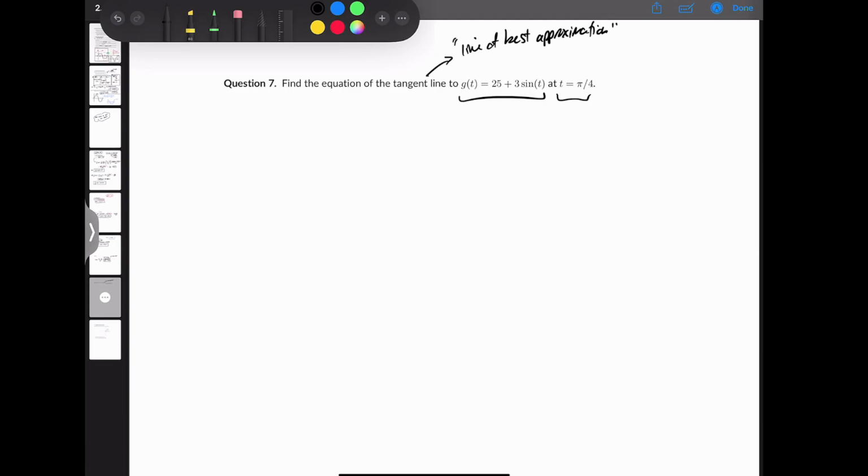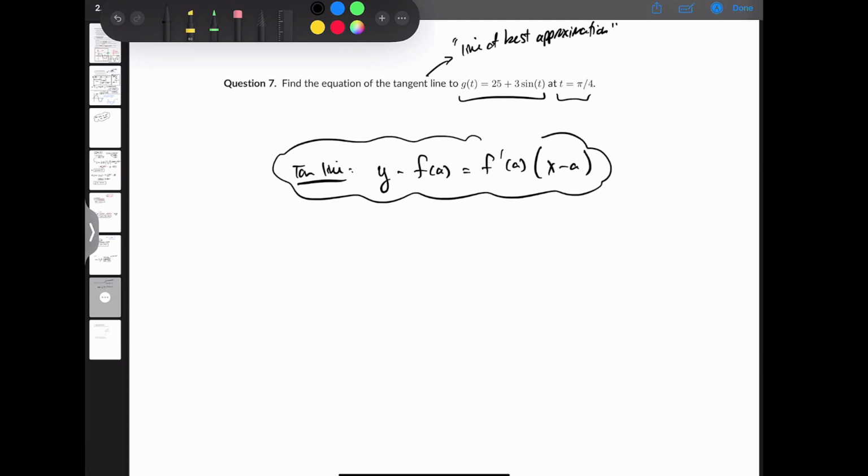The equation of the tangent line is what? Y minus f of a equals f prime of a times x minus a. This is it in point slope form. Well, here our a is pi over 4, and our f is this g of t.